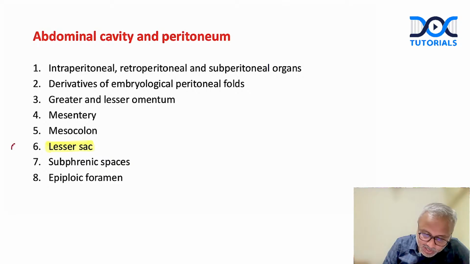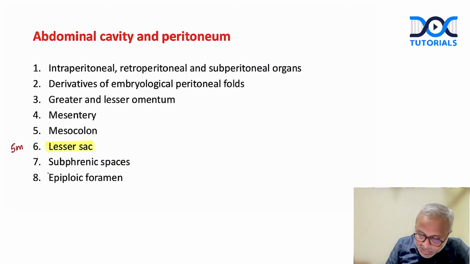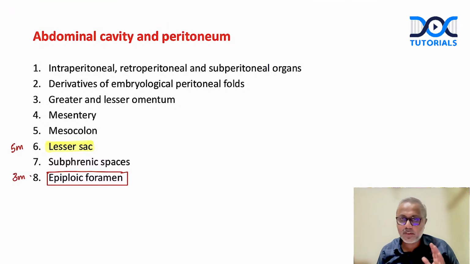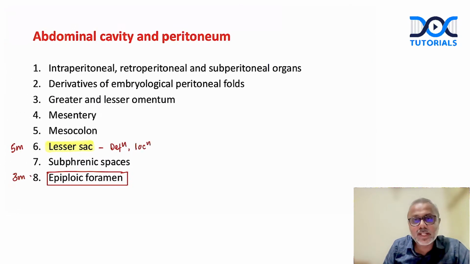Now, this is a very important 5-marker question, okay? Lesser sac, and then the epiploic foramen. Okay, now this is a very important 3-marker question. Epiploic foramen, right? Lesser sac, again, if it is asked, what do we mean by lesser sac? Where exactly is it located?